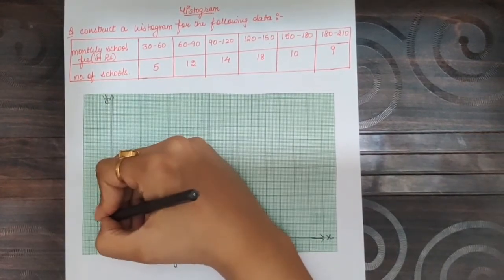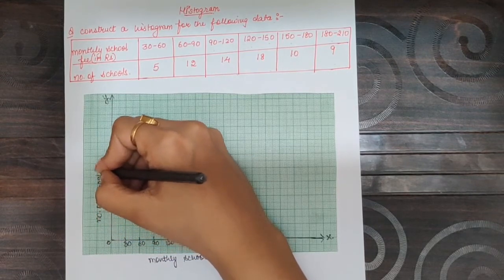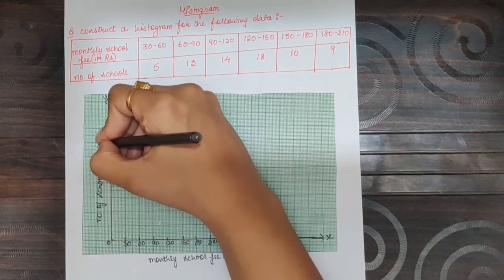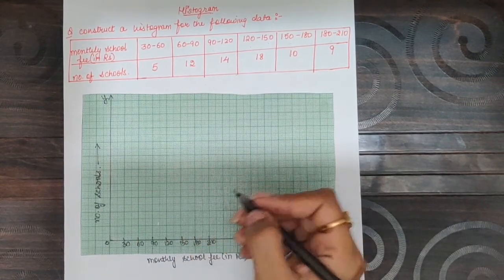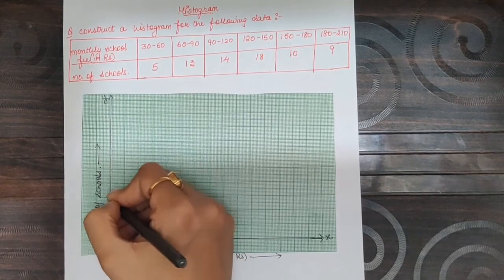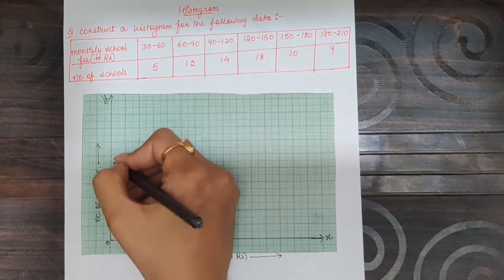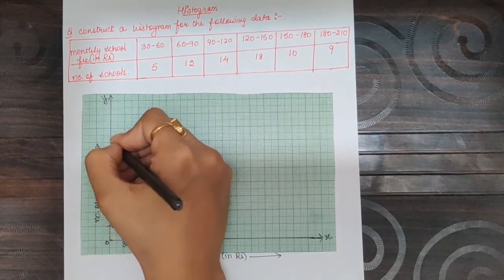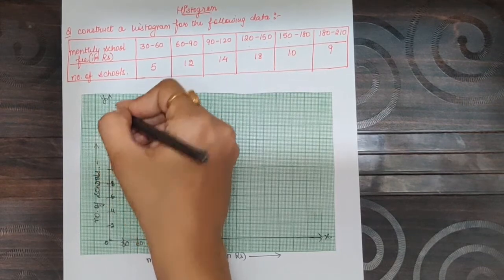For plotting frequencies on the y-axis, here I am taking 10 divisions equal to 2 units. Here I am marking points as 2, 4, 6, 8, 10, up to 18.